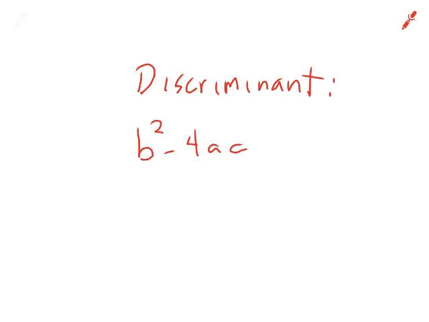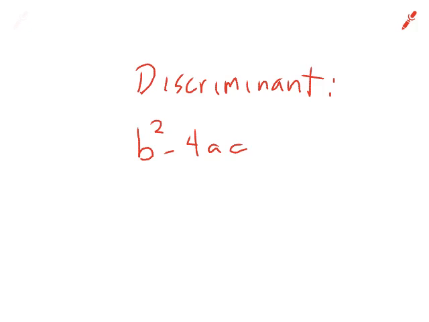That's the discriminant. So if you look on your paper, you've got 3 bullets, on the front of the second page of your stapled notes.